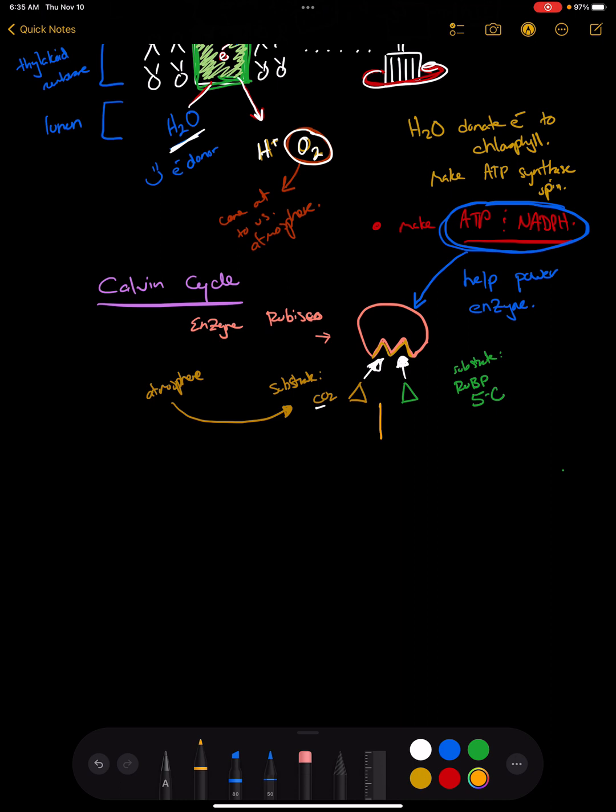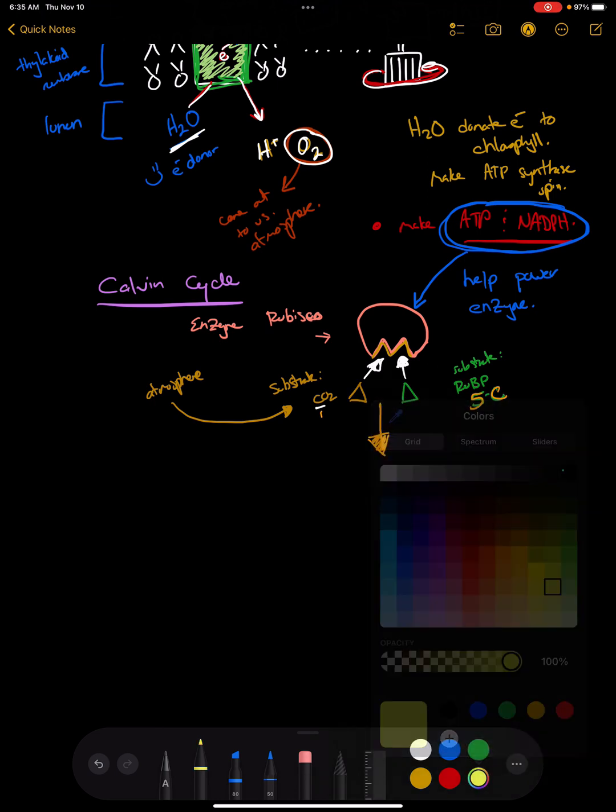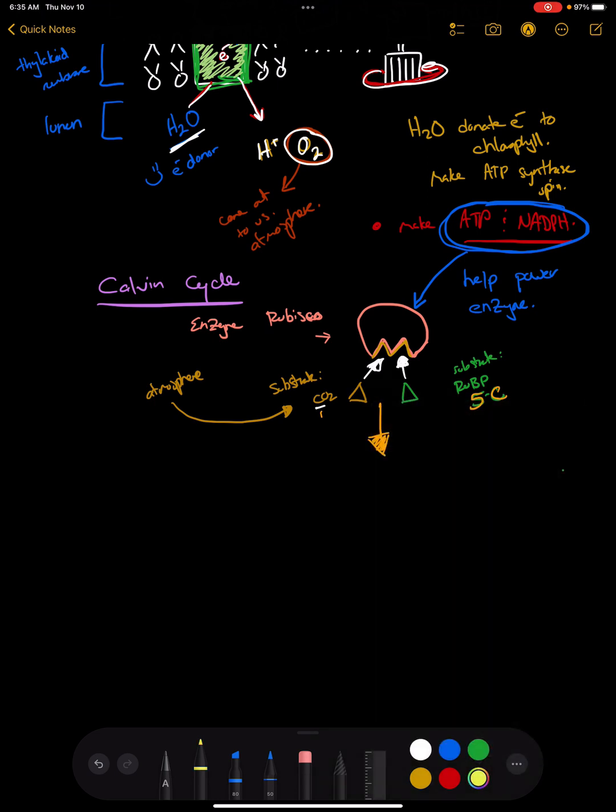Well, let's count carbons, yeah? I have 1 carbon over here with CO2. I have 5 carbons over here. If I force them together, how many carbons do I have? What's 1 plus 5? I get a 6-carbon molecule. 1, 2, 3, 4, 5, 6. Well, if I have 6 carbons, what is the thing I'm trying to make? It is glucose, which is C6H12O6.